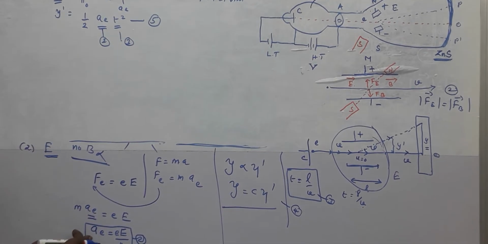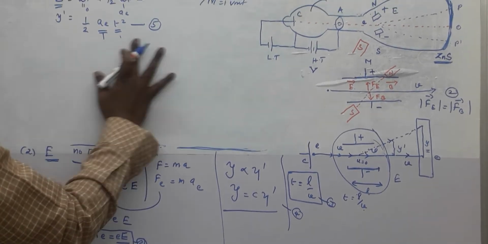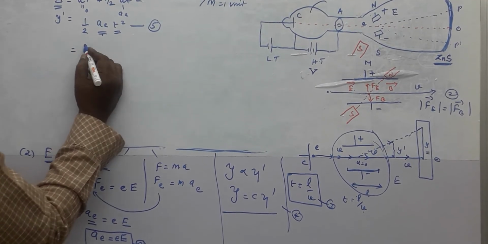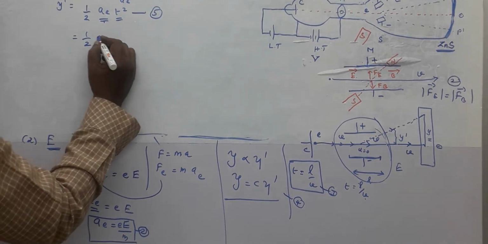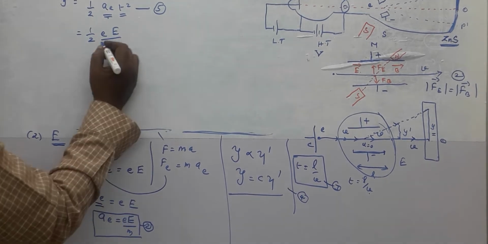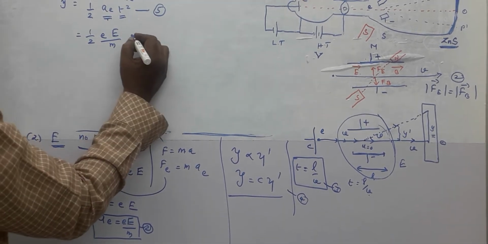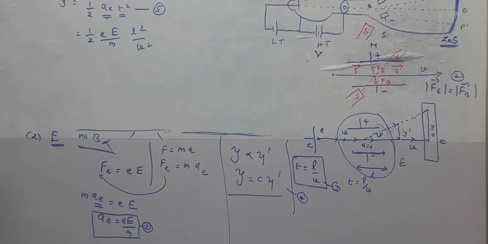Substitute these values, then we get 1 by 2, ae is nothing but small e into capital E by m, and t square equal to L square by v square. Are you clear?